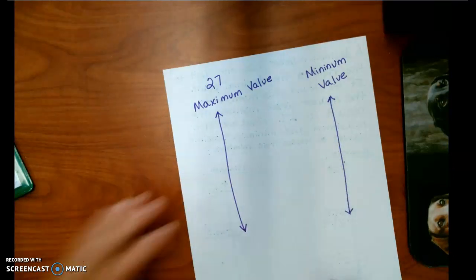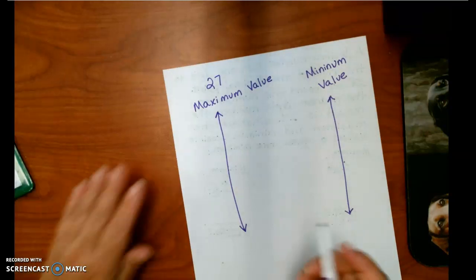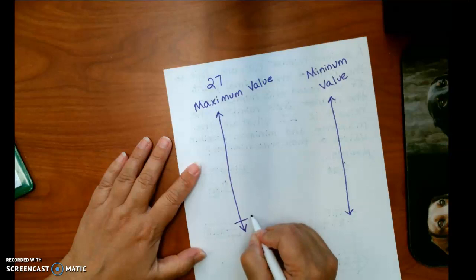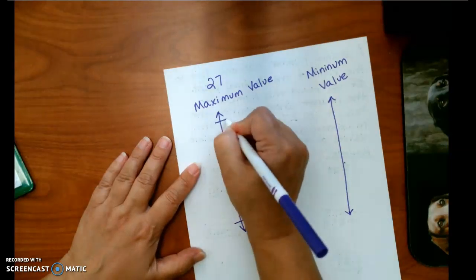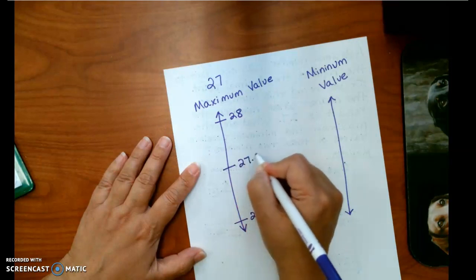Again, we're still going to have our same numbers. On my maximum, I'm going to have 27 and 28. My midpoint is 27 and 5 tenths.